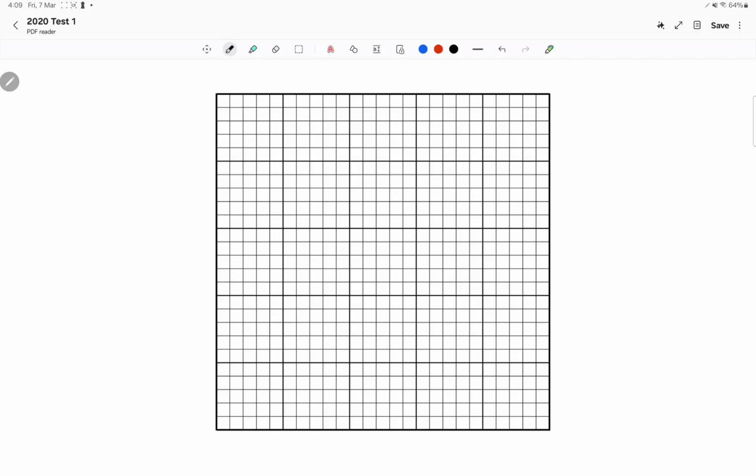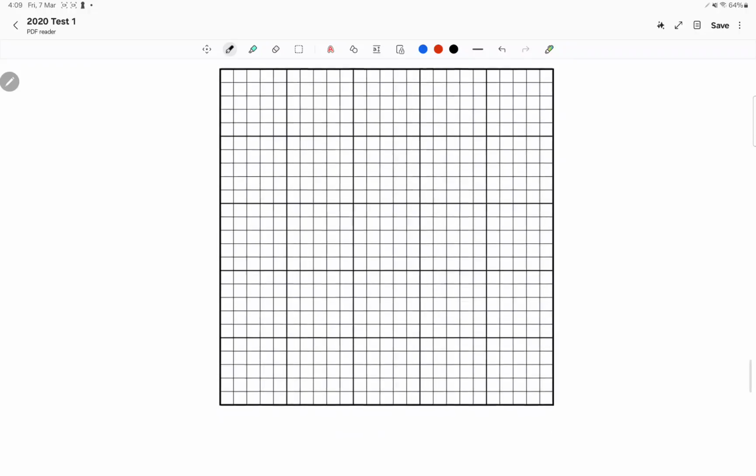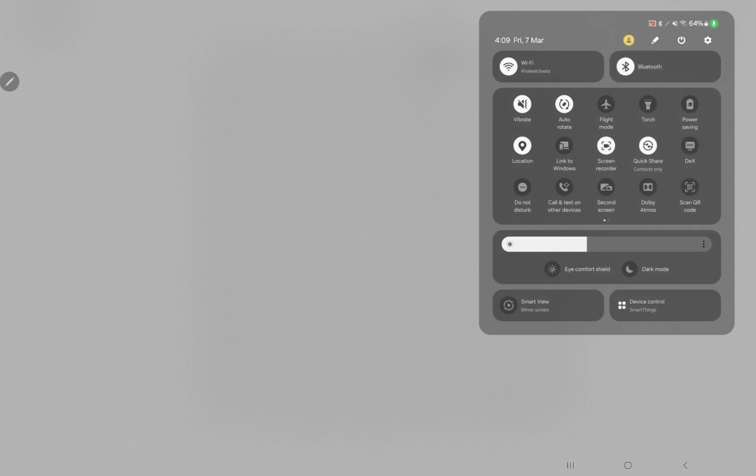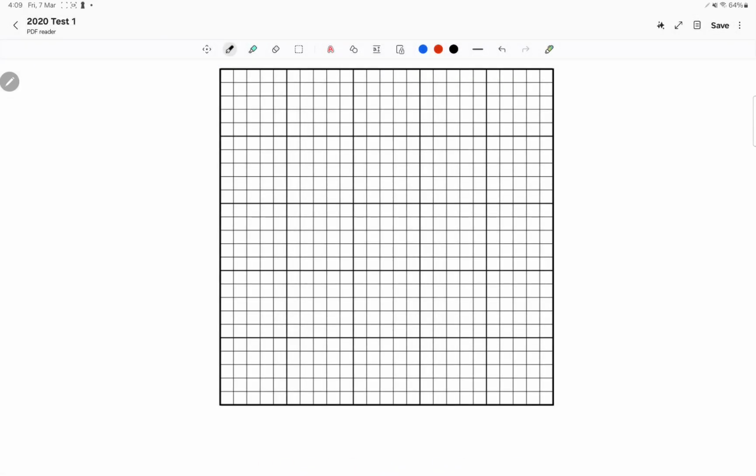If I take a picture of this and print it, how does it work? Is it Bluetooth? No, you connect with the internet. Really? I'll send it to you. Alright, leave it for now.